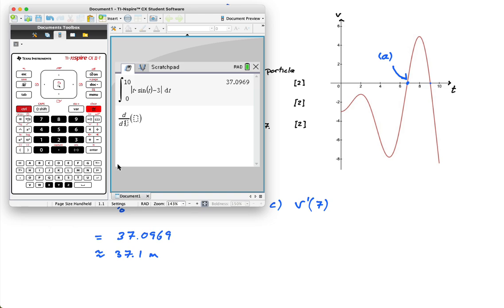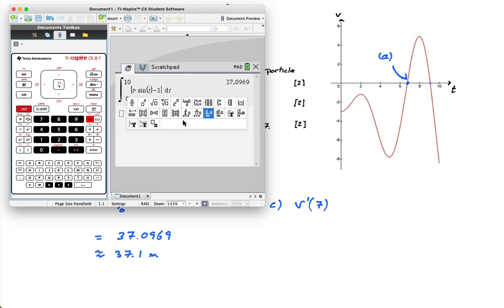So d/dt of t times sine t minus 3. Sorry, guys, I've clicked the wrong thing. I need the derivative at a point, and actually I don't see it here.